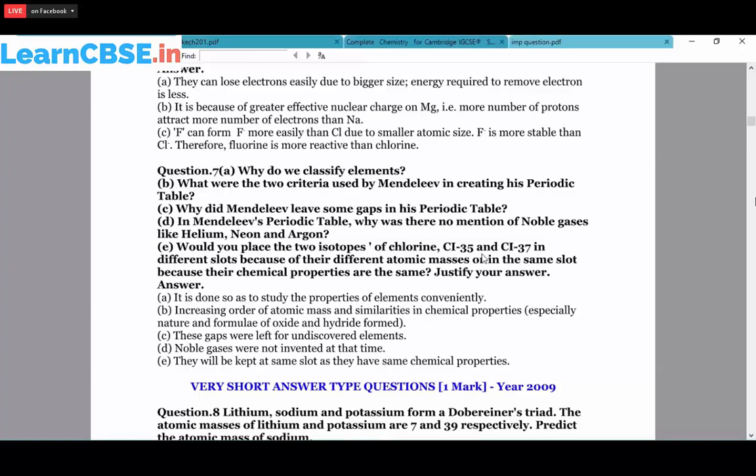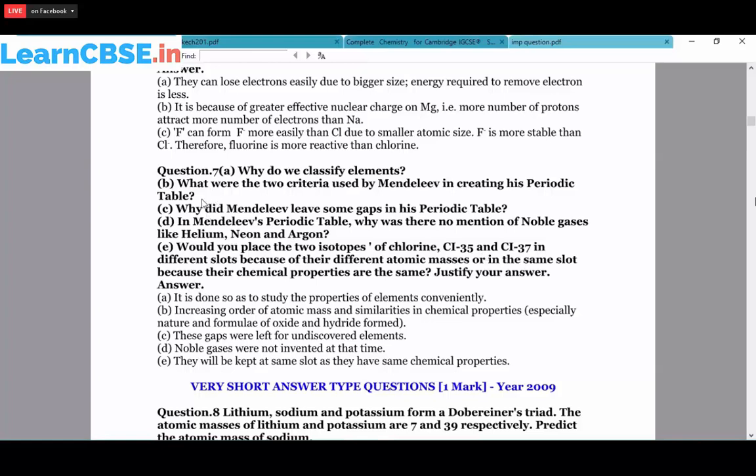For example, if we know the group and the period in which the element is present, we can tell how many protons, electrons and neutrons are present, how many electrons are in the outermost shell, what its electronic configuration and valency are, whether it is a metal, non-metal or metalloid, and whether it will lose or gain electrons. So that is why we are classifying the elements, to easily study their properties.